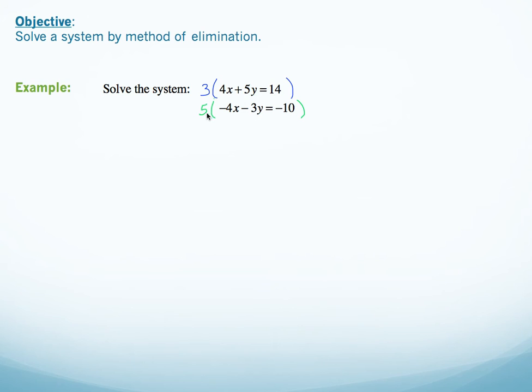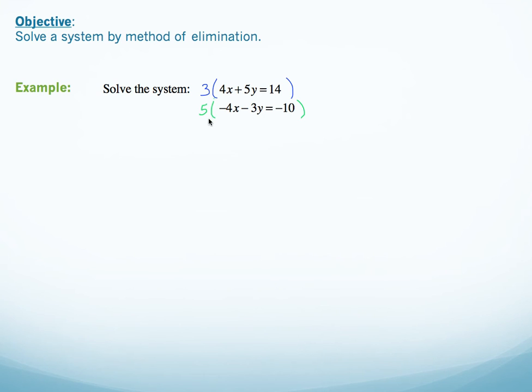Okay, so we're allowed to multiply the entire equation by a number. However, I'm emphasizing that you must multiply everything by that number, everything on the left-hand side and everything on the right-hand side, so that you don't change the value of the equation, because we don't want to change the value of the equation, we just want to rewrite it so that we can eliminate one of the variables.